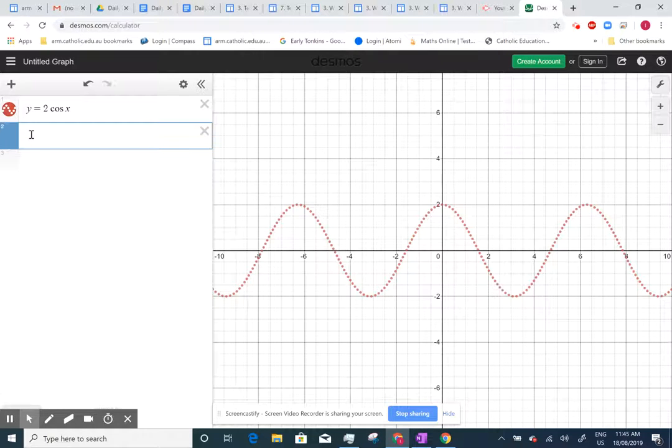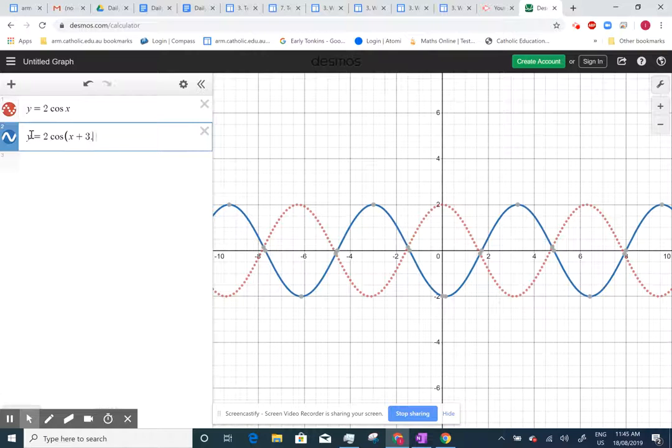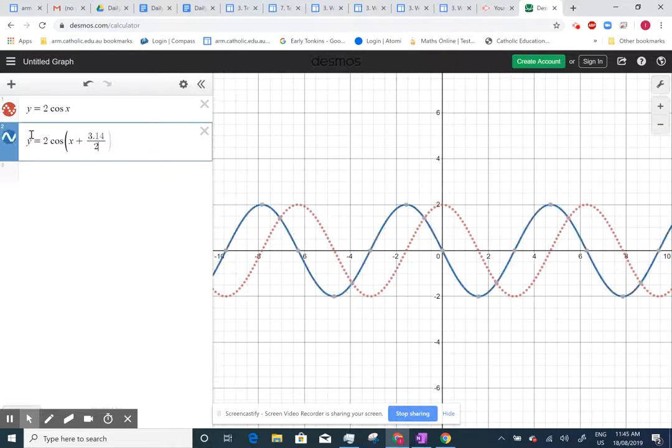What we're looking for, now watch this: y equals 2 cos bracket x plus, now it's pi. I'm just going to use 3.14 divided by 2. And there you can see it just shifts it back. Pi on 2, 90 degrees. And you can see the part that we want.